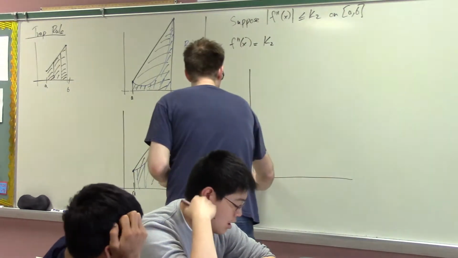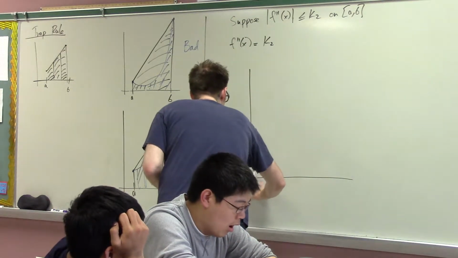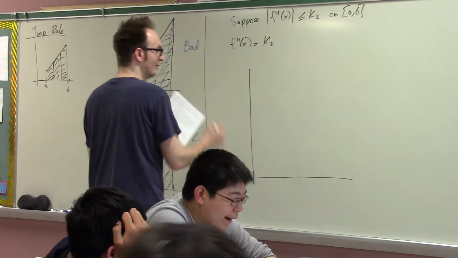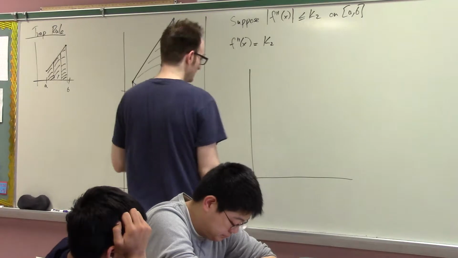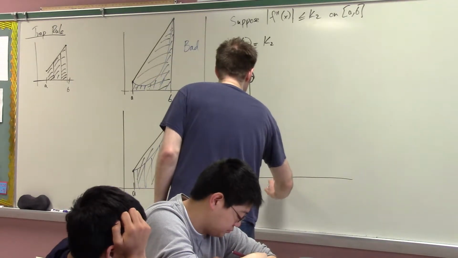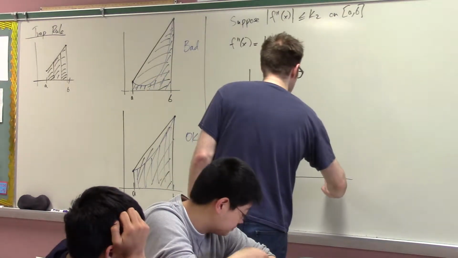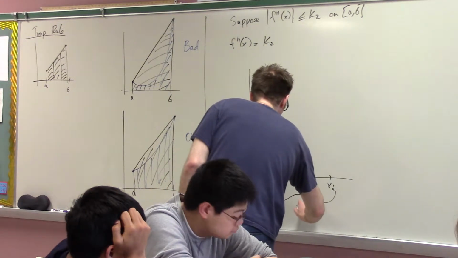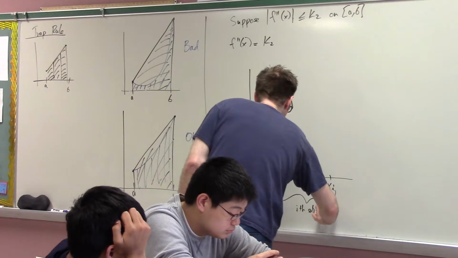We're going to move everything over to, okay, I'll just draw two pictures. So here's x sub i minus 1, and here's x sub i. And this is, again, the ith subinterval.